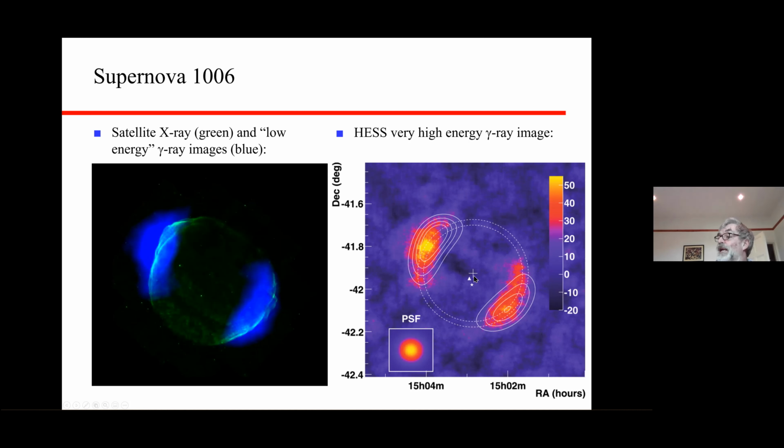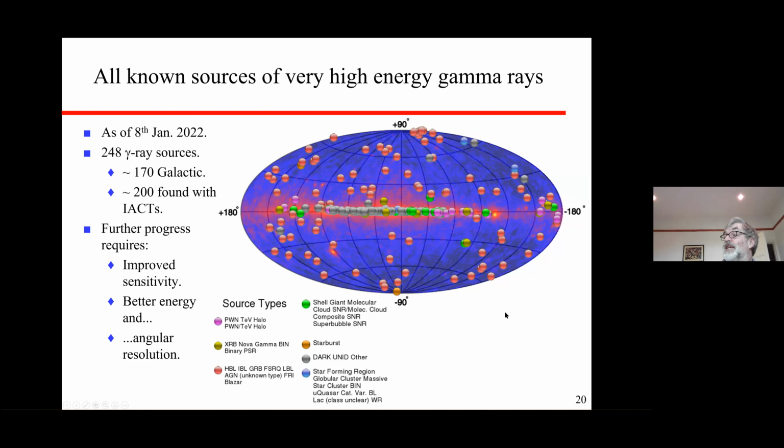It was a spinning star generating a magnetic field, and the clouds of plasma ejected in the explosion are constrained to lie along the lines of that magnetic field. So this is where these particles are being accelerated by the moving clouds of plasma, generating the cosmic rays and the very high energy photons that we're detecting in the Hess experiment.